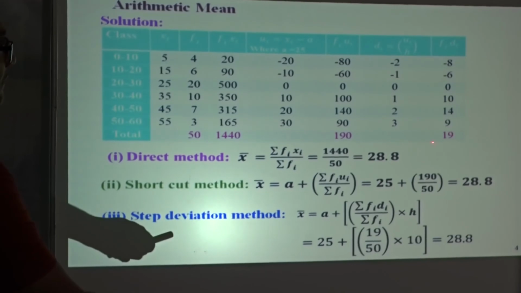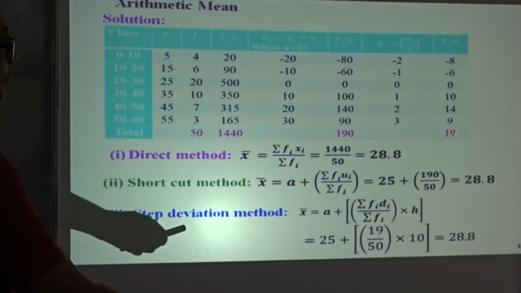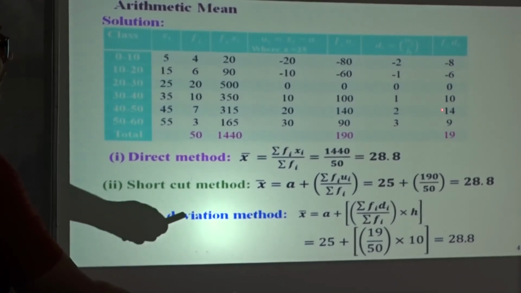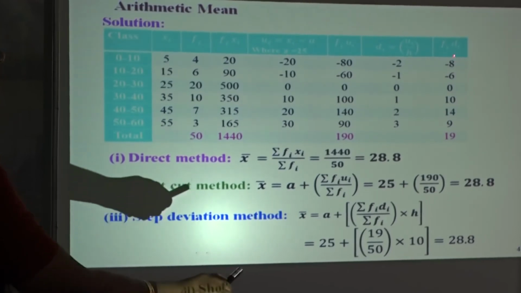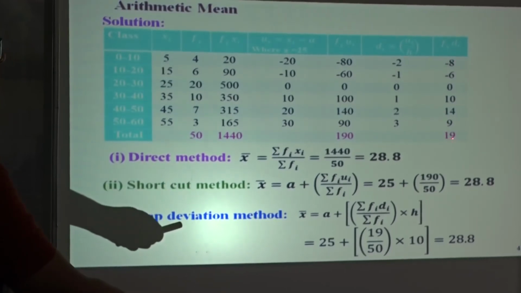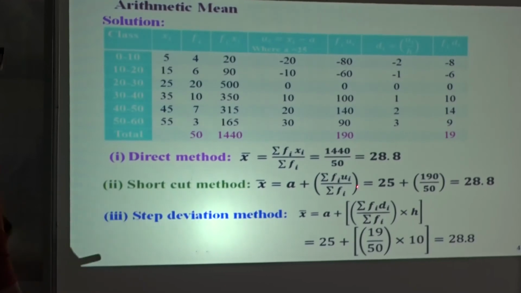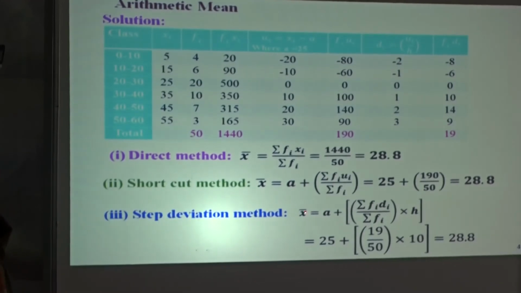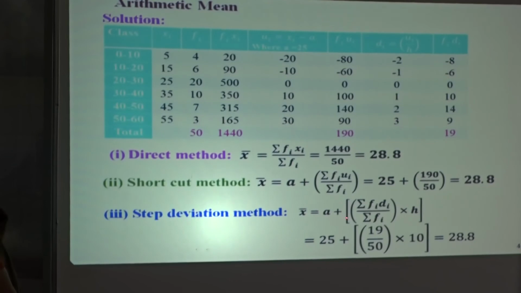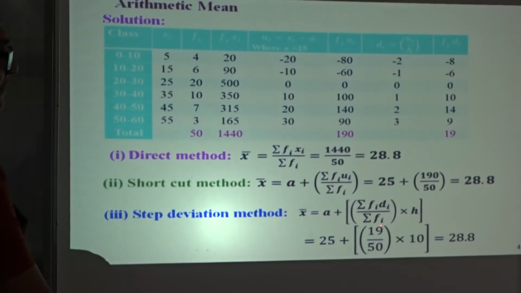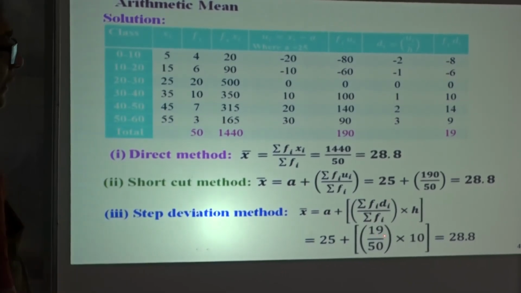Compared to this, it is very small. That's why I said the step deviation method is sometimes possible without a calculator, because we get very simple calculation here. What's the formula for step deviation here? X bar equals A plus sigma Fi di divided by sigma Fi, into the corresponding class interval. And then we substitute these values and simplify.